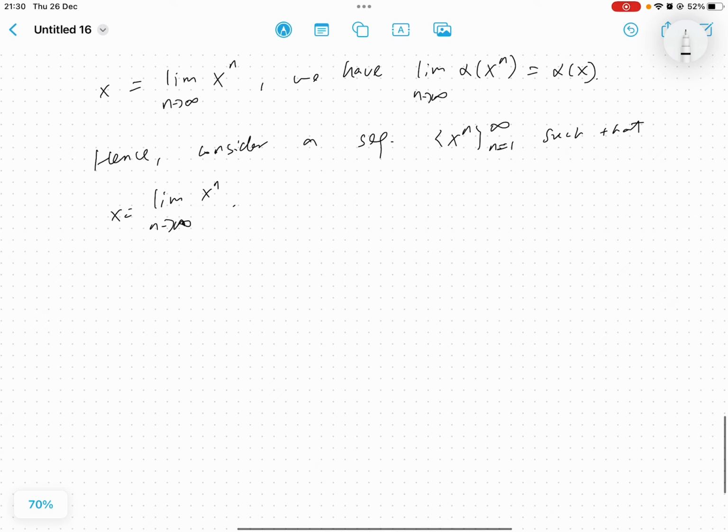Now we're ready to go. First, we notice that the sequence alpha xn, this whole sequence, has to have a convergent subsequence.